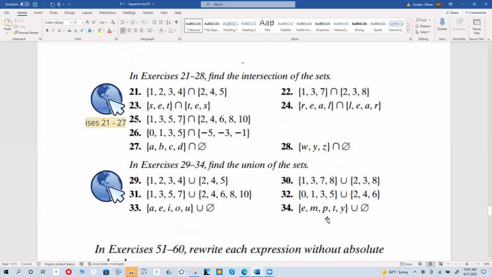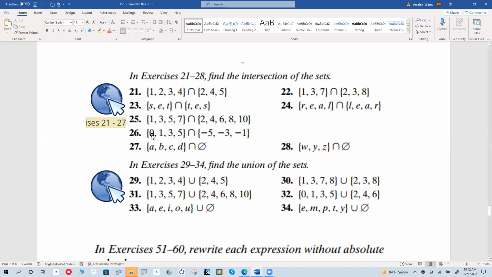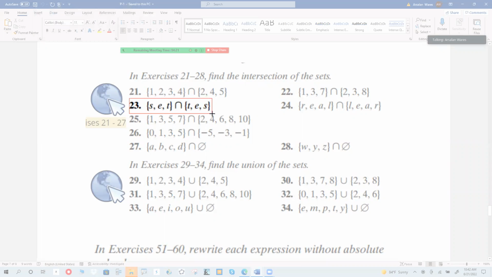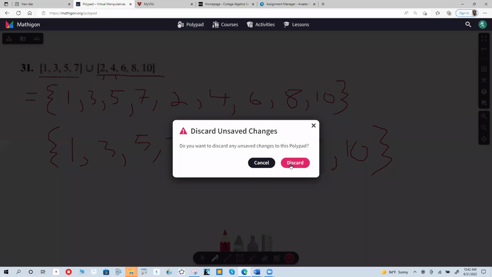Let's do it. This one is 0, 1, 2, 3, 4. I think this one, union 32, will be 0, 1, 3, 5, then 2, 4, 6, just like the previous one. Yeah. Let's do an intersection. So we can do 23. Okay, we can do 23. I just want to hit simple reviews, just a quick refresher. Sure, that's what review is for. That's not a problem.